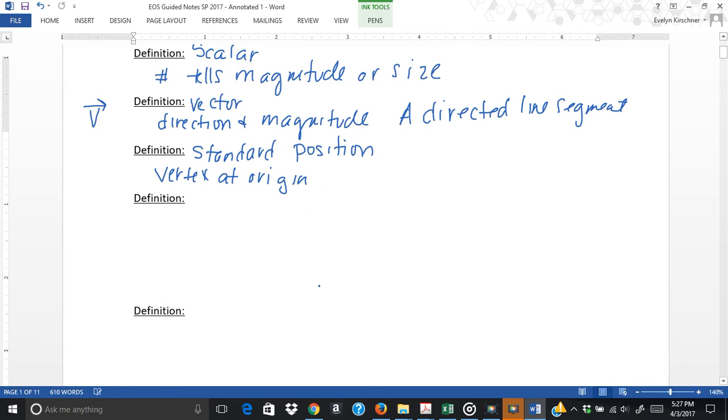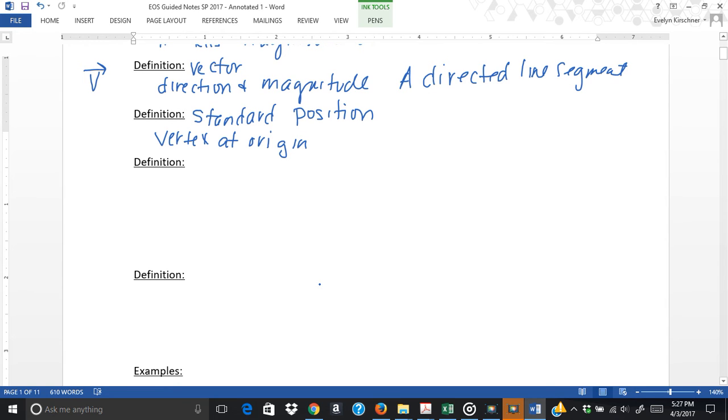So now we can get to our definition of the component form of a vector. So this is the definition of a component form of a vector on a plane.